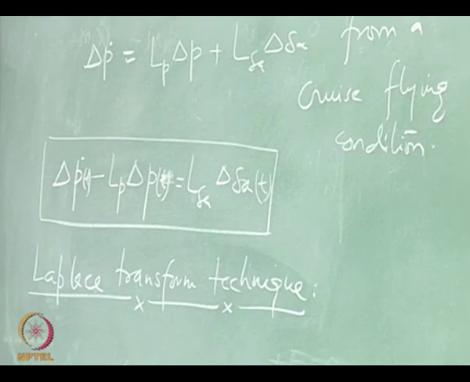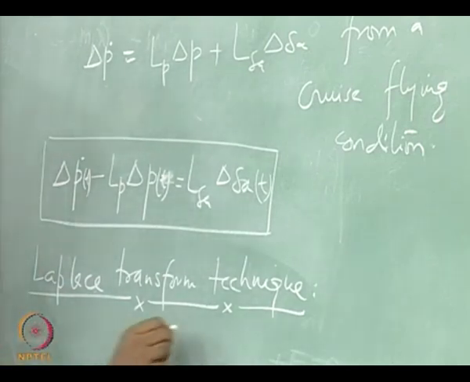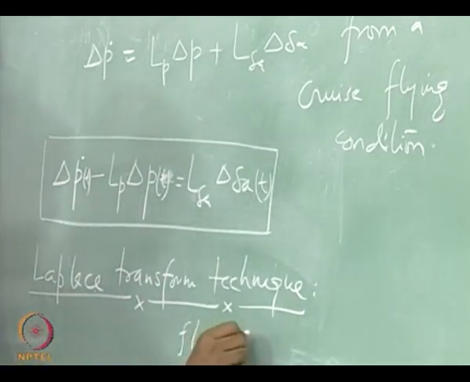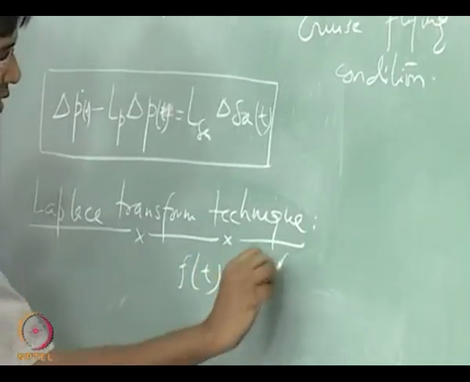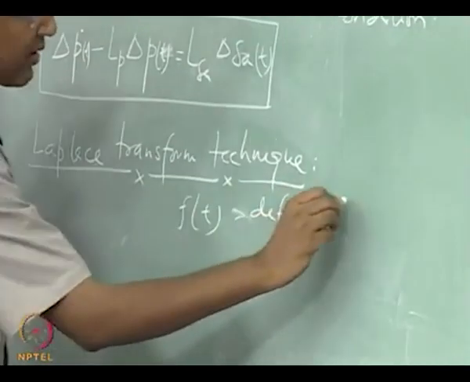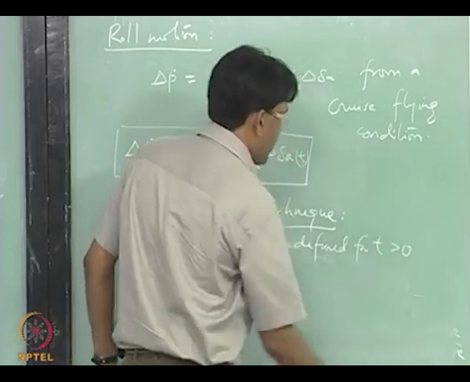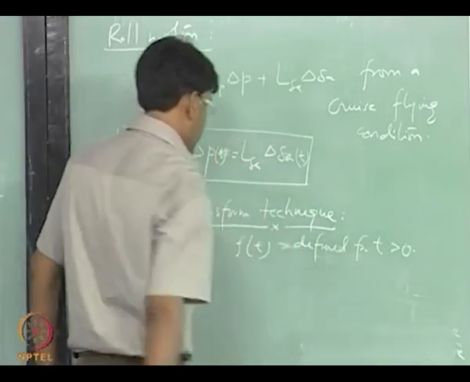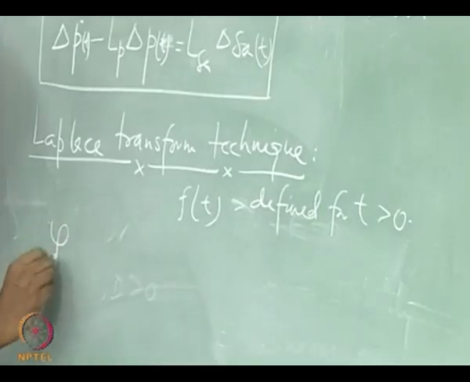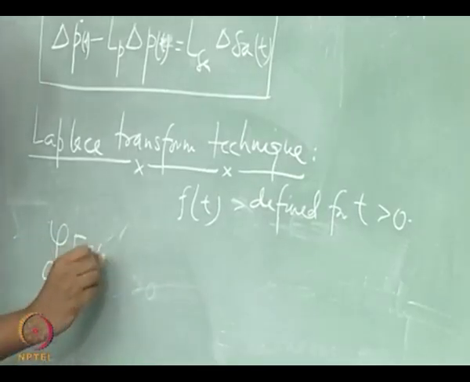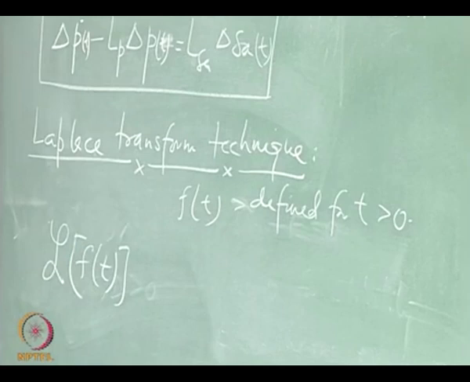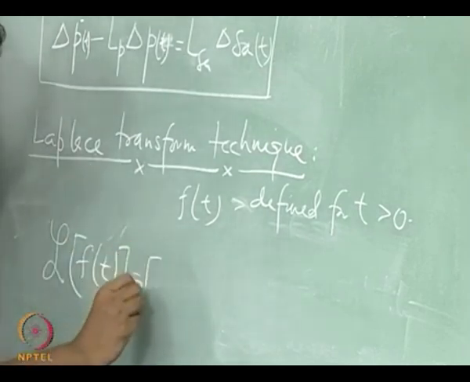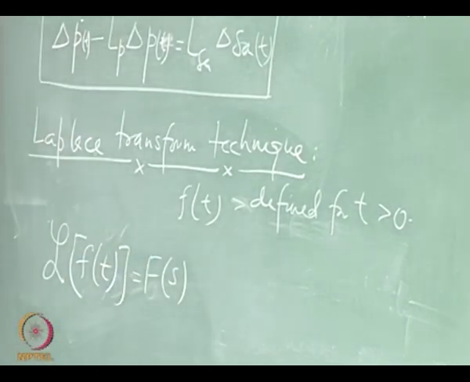So if you have any signal, just any signal f(t), which is defined for t greater than 0, then you can find the Laplace transform of that, which is written as F(s), right. s is a complex quantity.